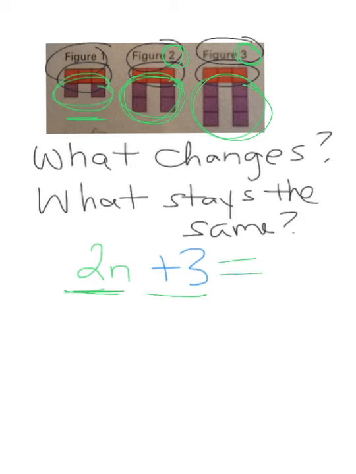Now let's try it out. So we think we have the algebraic expression that's going to represent these figure numbers, but let's test it. The way we test it is we start by writing the algebraic expression, and instead of the variable, we pick a figure number to substitute into that variable and then see if it equals the number of blocks.